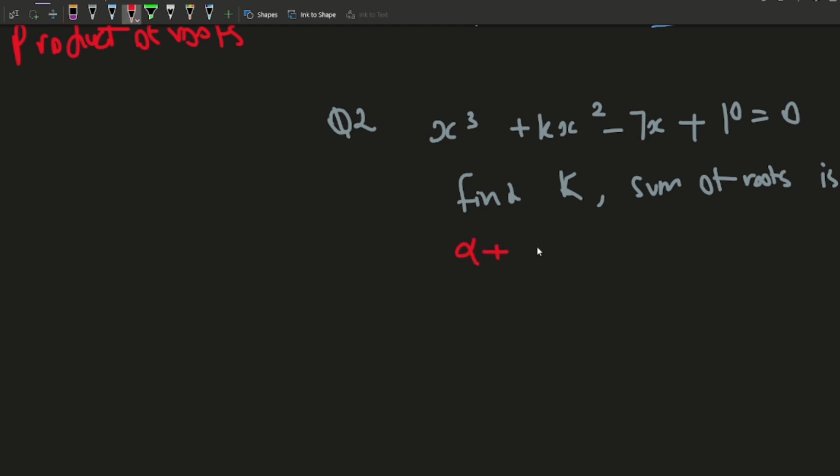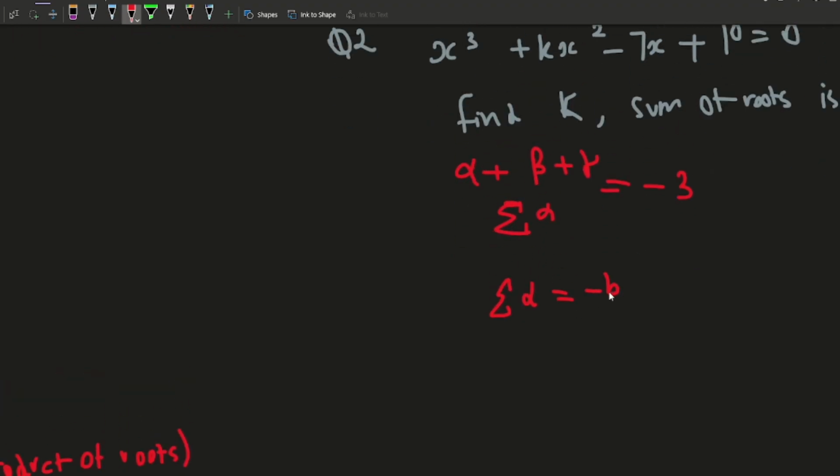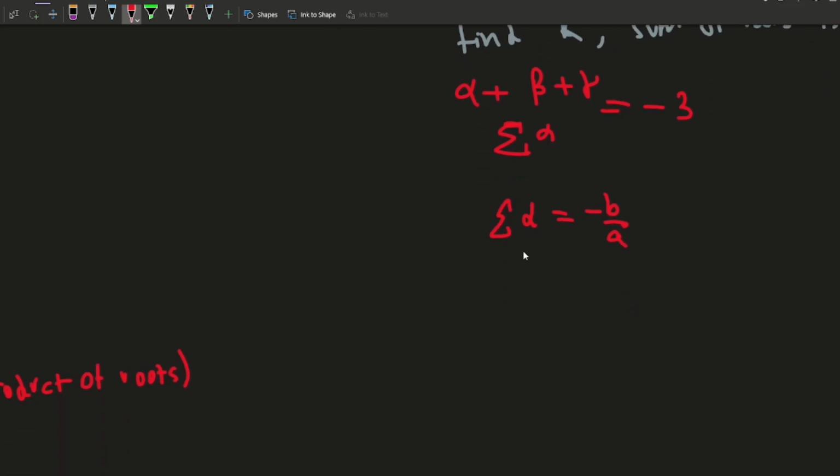So what is the sum of roots equal to? Alpha plus beta plus gamma. This is the sum of roots, which is equal to minus 3, right? We also know that alpha plus beta plus gamma, the sum of roots, is also equal to minus b over a.